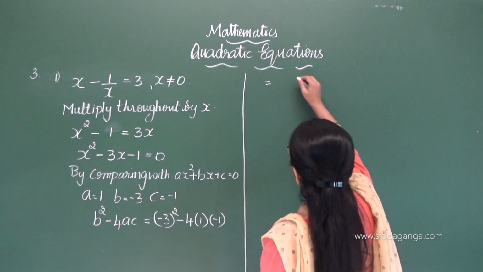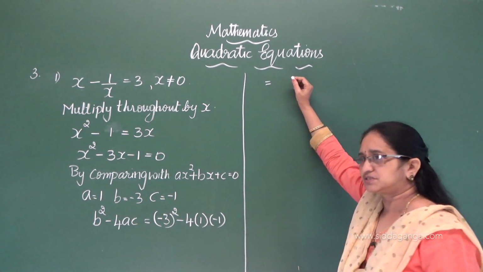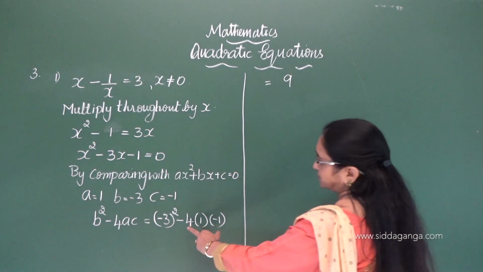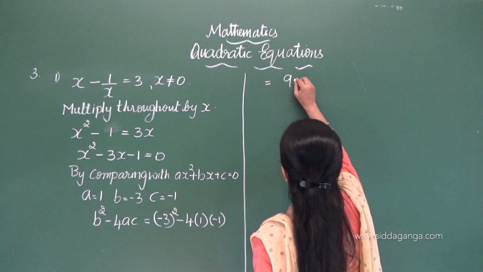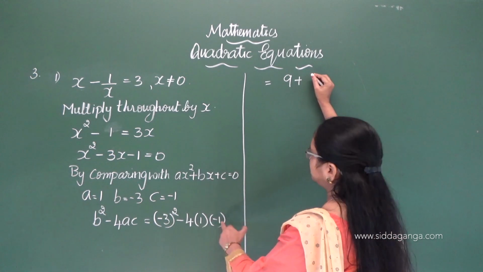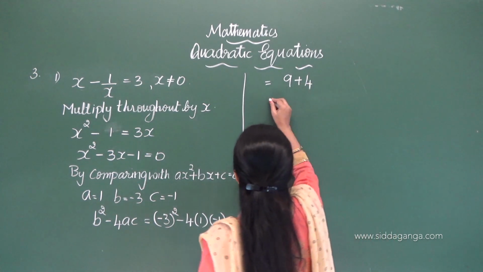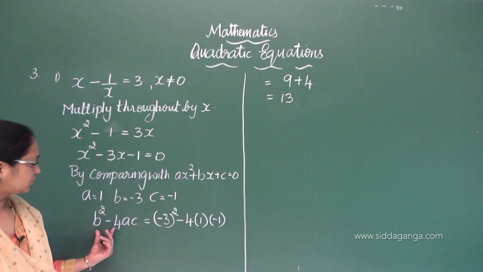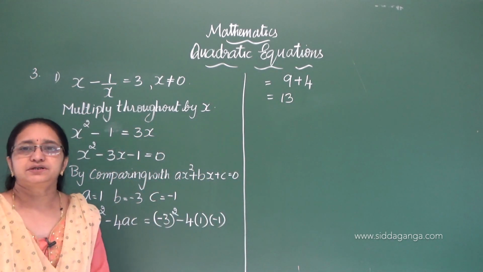Minus 3 whole square means it is minus 3 into minus 3 is plus 9. So 9 here, minus into minus it will become plus, 4 ones are 4. So the value will be 13. The value of b square minus 4ac is 13.